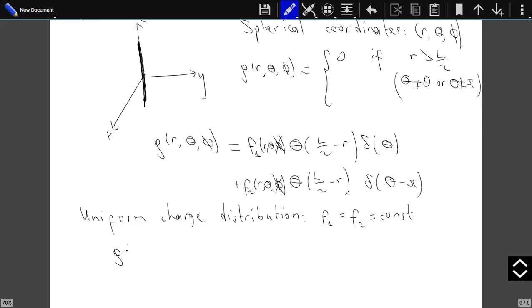So rho of r, theta, and phi is equal to A times theta of L over 2 minus r times Dirac delta of theta plus Dirac delta of theta minus pi.